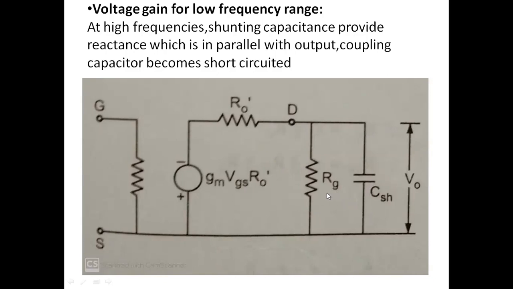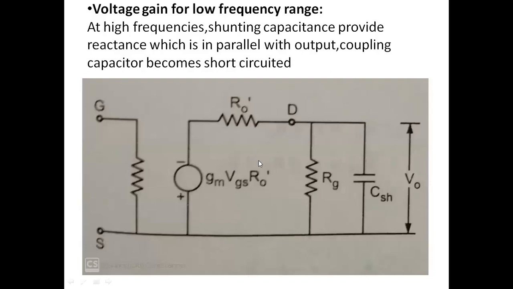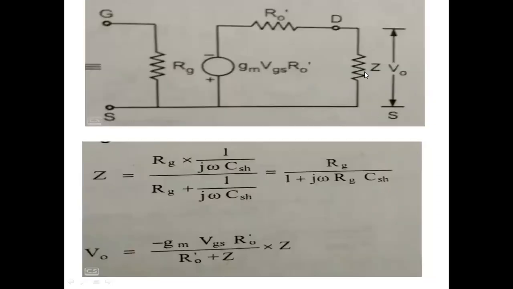One is the capacitance, another one is resistance. The parallel combination of these two components becomes one impedance only. Let it be Z. So here the circuit is same, but here the parallel combination of RG and CSH becomes Z. Z is the parallel combination of RG and CSH.